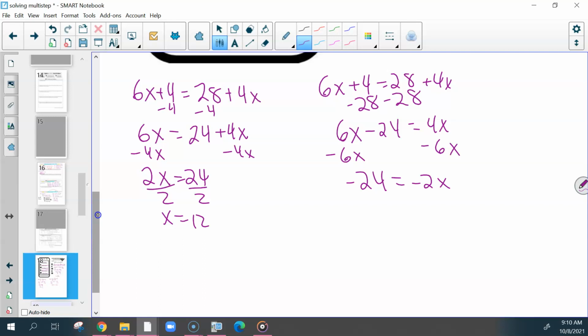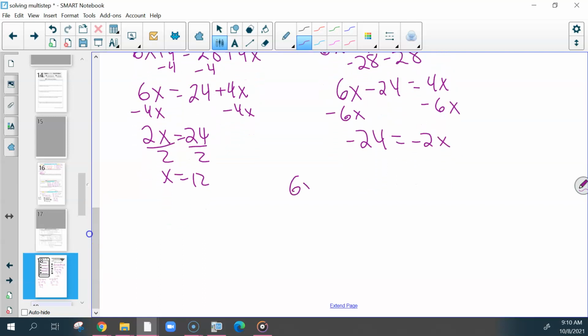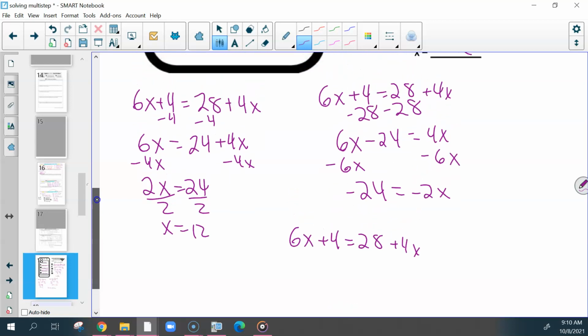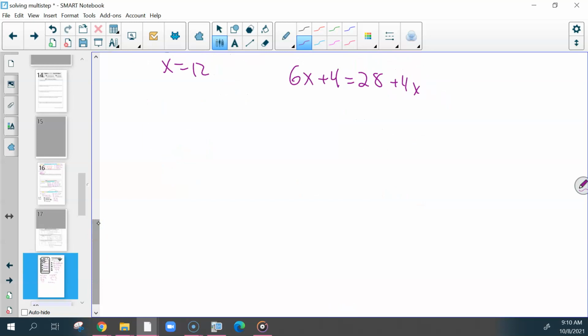And then we're going to do this one last time to show you the last way works as well. And you have to move 6x. Now we're going to move 6x by subtracting.